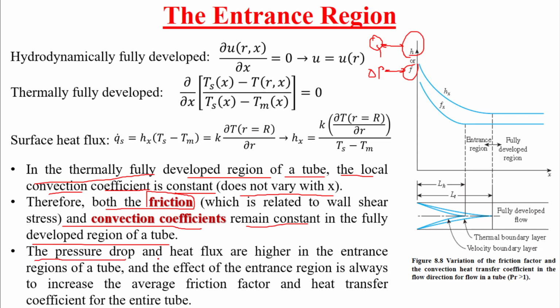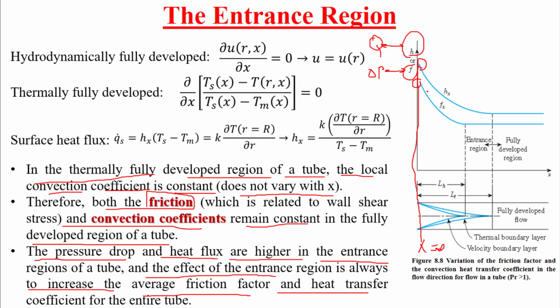So the pressure drop and heat flux are higher in the entrance, true or false? True, because the friction coefficient is higher and h is higher in the entrance. Here, where x equals 0, this is the entrance. And the effect of the entrance region is always to increase the average friction factor and heat transfer coefficient of the entire tube.